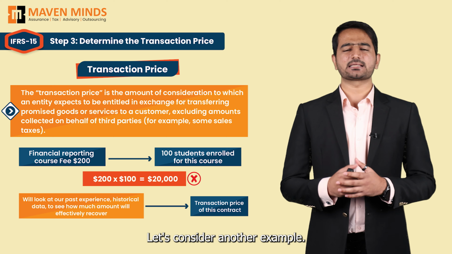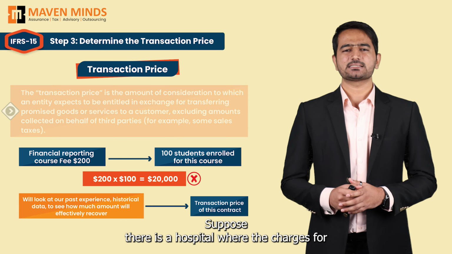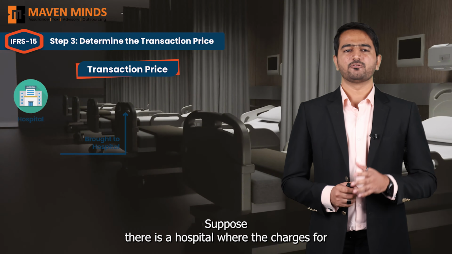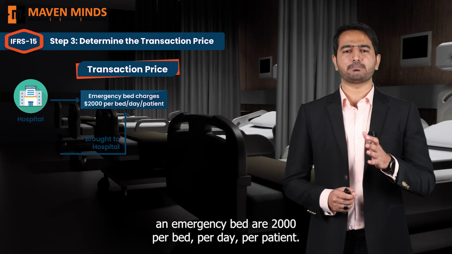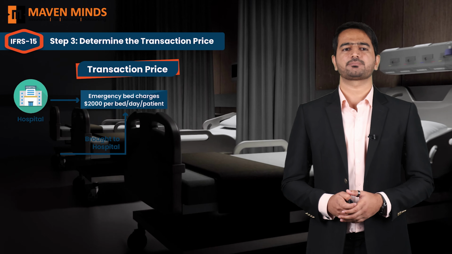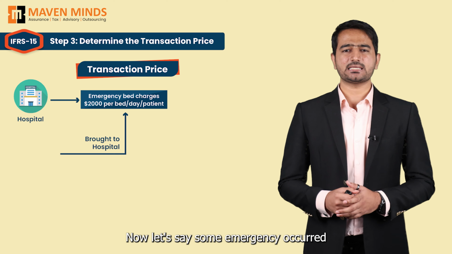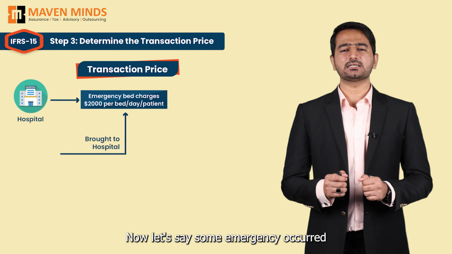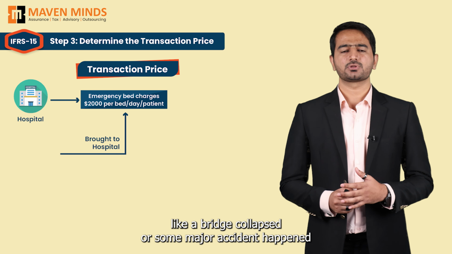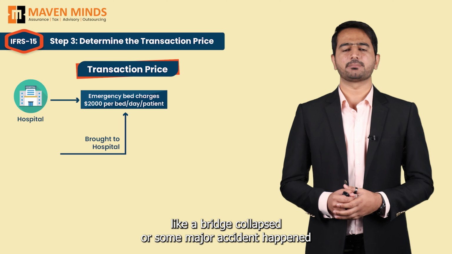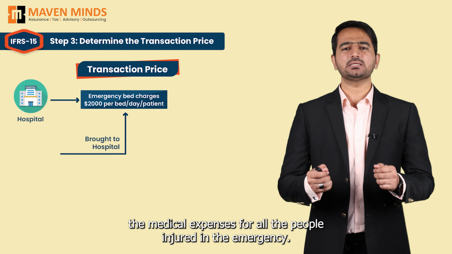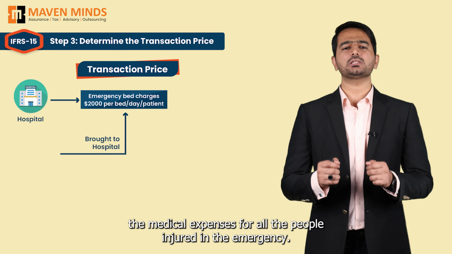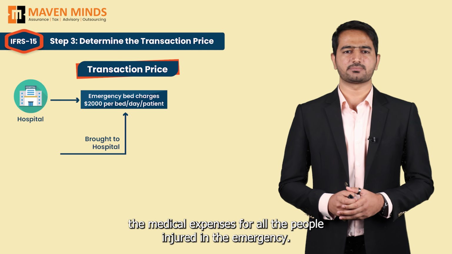Let's consider another example. Suppose there is a hospital where the charges for an emergency bed are $2,000 per bed per day per patient. Now, let's say some emergency occurred, like a bridge collapsed or some major accident happened, and the government made an announcement that it will bear the medical expenses for all the people injured in the emergency.